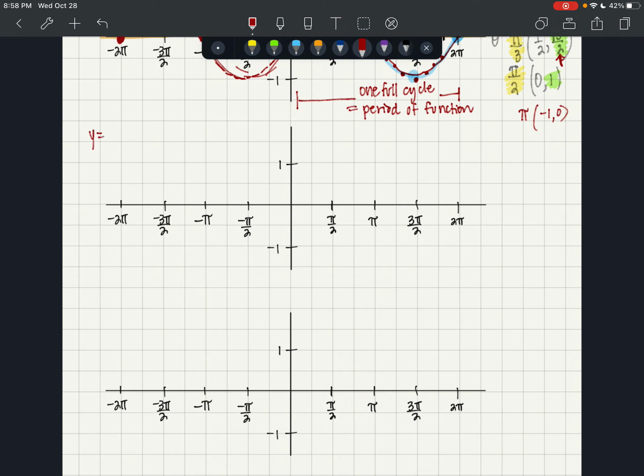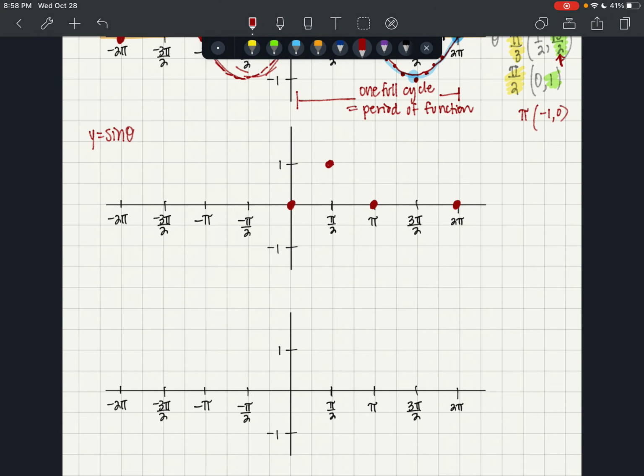Okay, here's y equals the sine of theta. I'm going to do this one more time. Sine starts at the midline. The midline is the x-axis. 2 pi later, it ends at the midline. Halfway between, it's at the midline. Between the first 2 points, we're at a maximum.